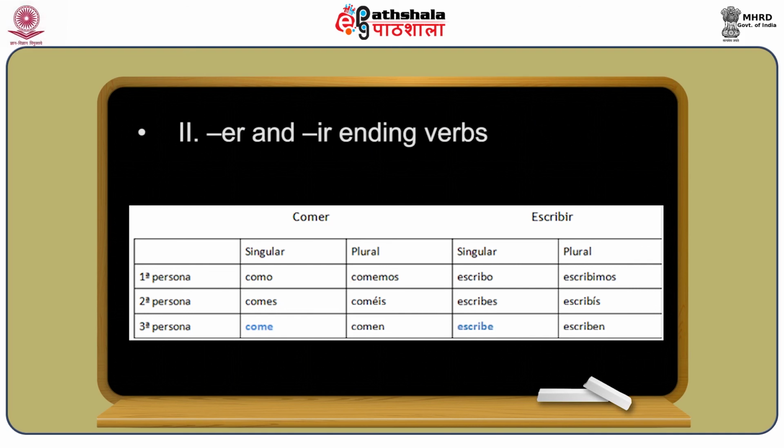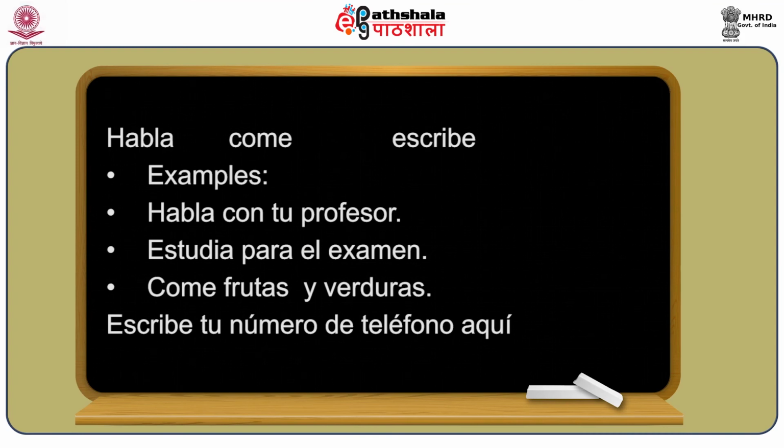Same way, escribir: escribo, escribes, escribe, escribimos, escribís, escriben. So third person singular of escribir is escribe. So that is the imperative of the verb escribir. Now let's see some examples using these three verbs, that is hablar, escuchar and comer.